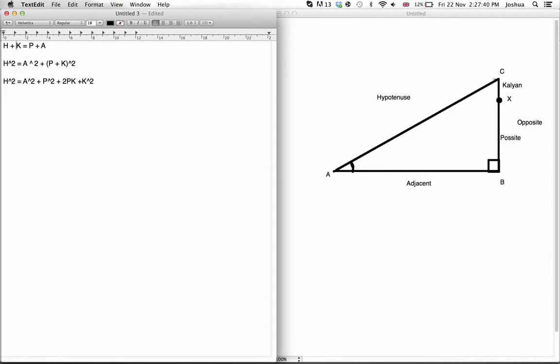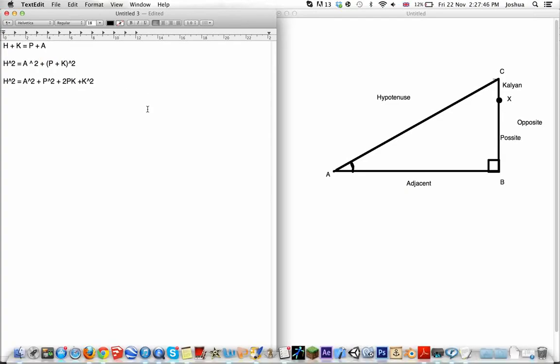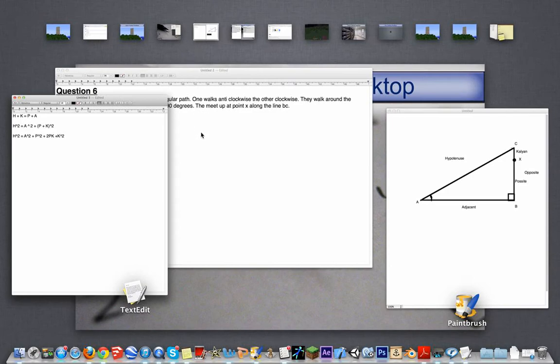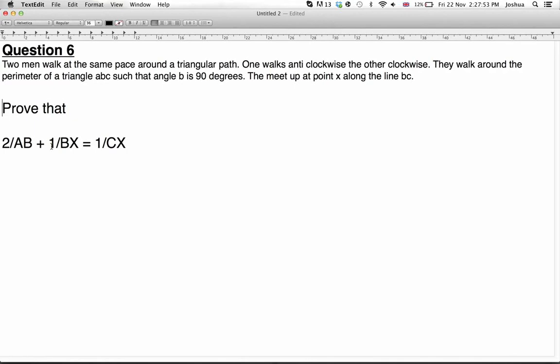What we could do now, let's look at the proof that we need. We need to get into a certain format. This is another technique you want to use. We want the subject of the formula to be the reciprocal of k.